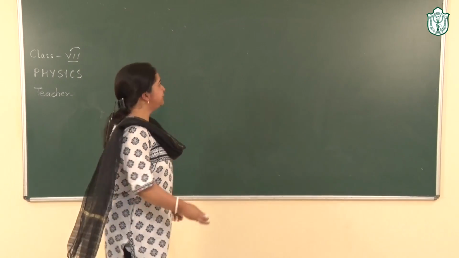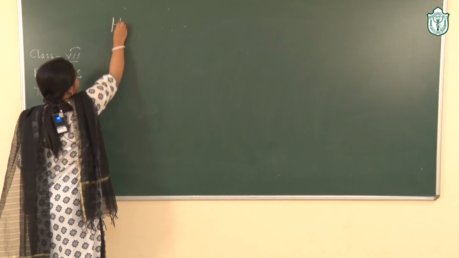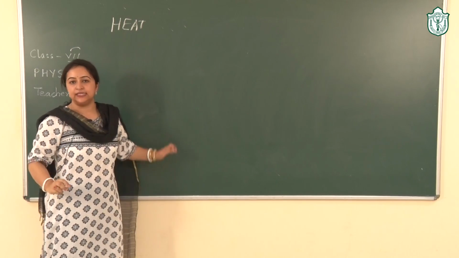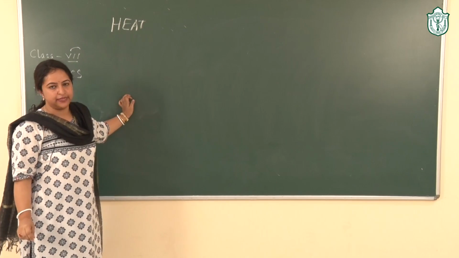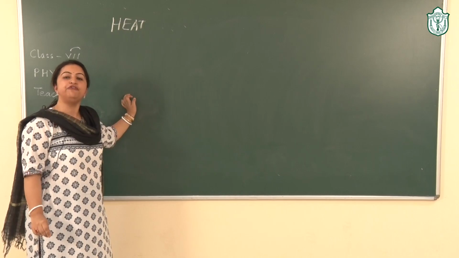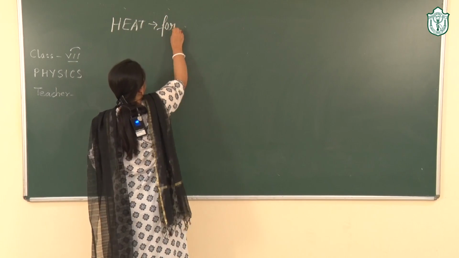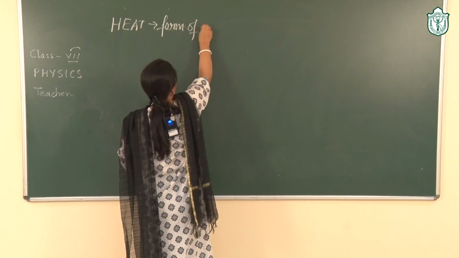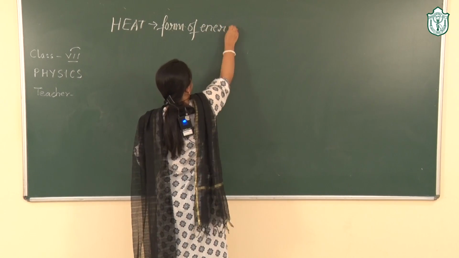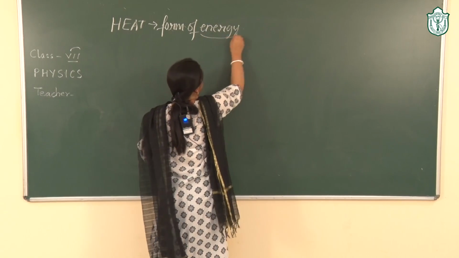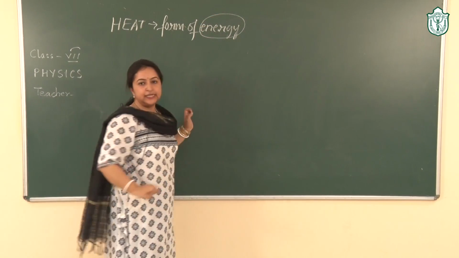Now, let us first talk about this topic, heat. What is heat? Heat is defined as a form of energy. Now, this word energy, we have done in earlier class.